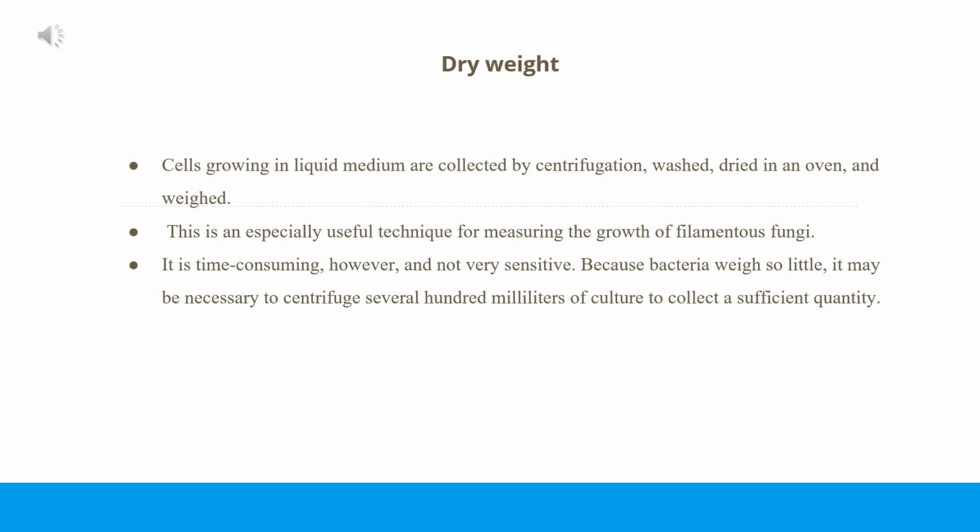This is an especially useful technique for measuring the growth of filamentous fungi. It is time consuming, however, and not very sensitive because bacteria weigh so little. It may be necessary to centrifuge several hundred milliliters of culture to collect a sufficient quantity.